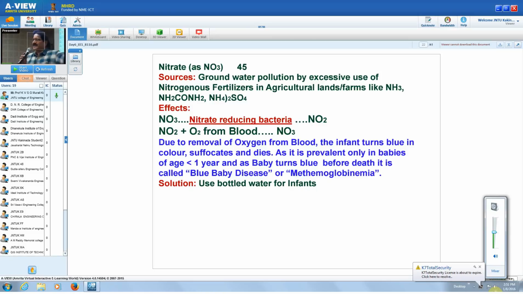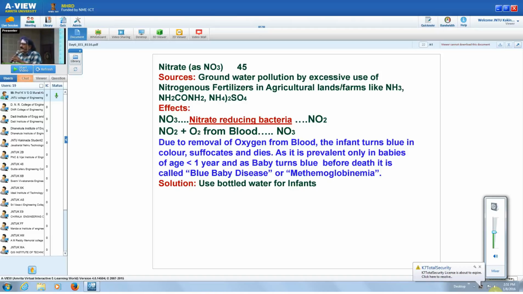And Kakinada has a urea manufacturing industry, an ammonia manufacturing industry. Both are nitrogen based fertilizers. Nitrogen increases the fertility of soil. Fertility means the ability to produce more grains or food or more crop.